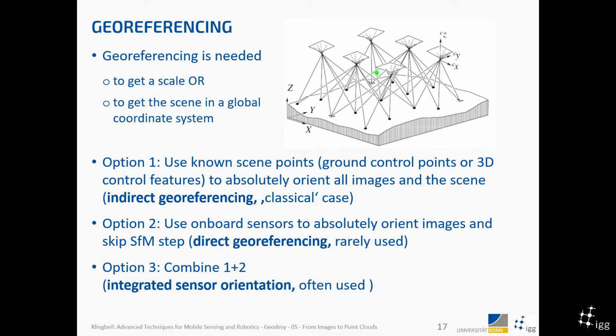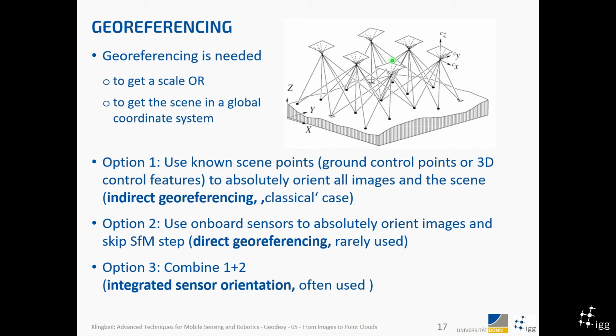And only if we know some of the points in the object space or some of the coordinates of the camera in a global coordinate system, then we can transform the whole thing into the global system.